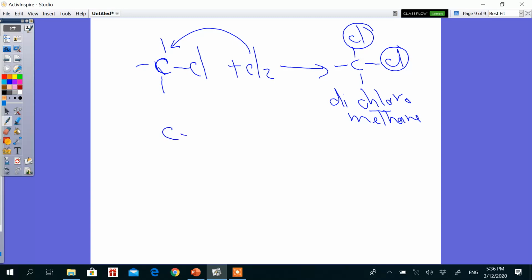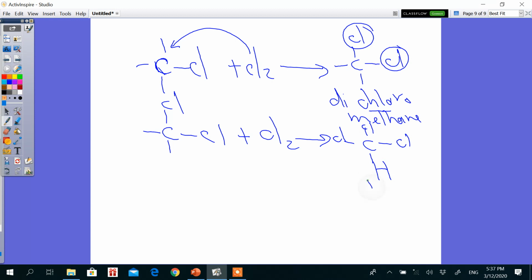I can bring the dichloromethane with another Cl2 and so on, to get CHCl3 and HCl. That's the chloroform. Also, I can add Cl2 again, and I can get CCl4. That's another substitution. So each hydrogen is substituted with one chlorine.